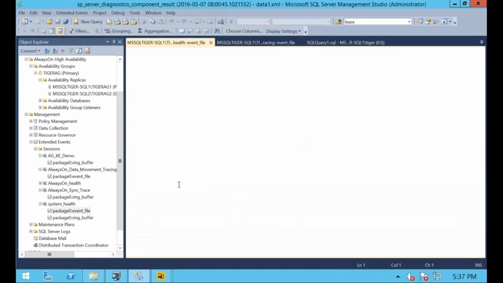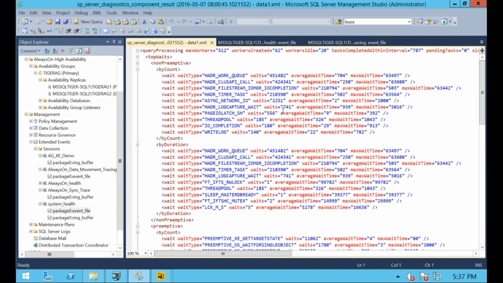There's another component called query processing, which gives you some really great information about how many waits you're experiencing. Because the only thing that I'm running on my SQL Server instance is availability groups, and I'm running stress kind of demos on them, you will see that the highest waits are associated with HADR, and it also gives me how many waits have occurred for that particular snapshot, what was the average wait time, and what was the maximum wait time.